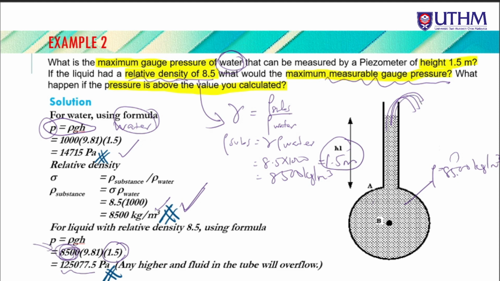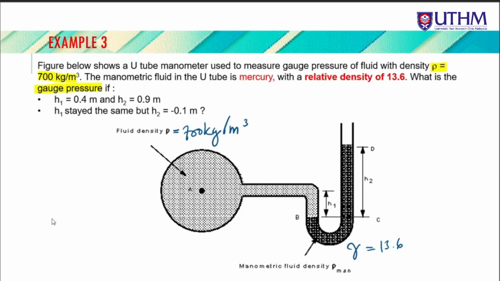Dia akan overflow kan. So yang ni pun logik lah kan, sebab yang kita kira tadi pun adalah maksimum, given that height is equal to 1.5. So if let's say the pressure is higher, then the fluid will overflow. Okay, next example 3.